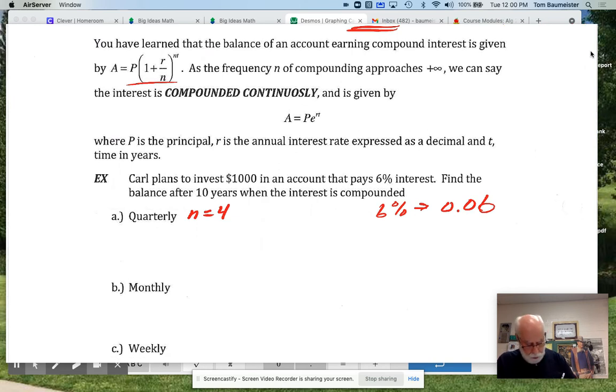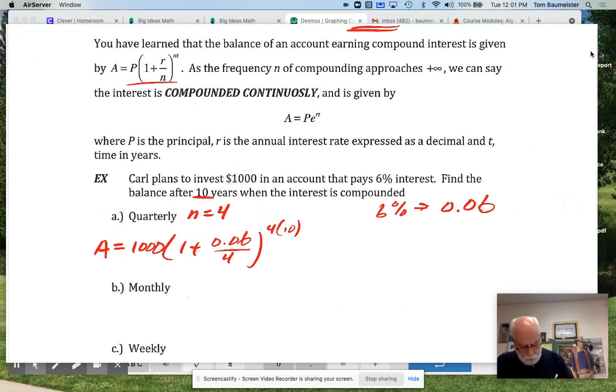So we're going to say A is equal to 1,000 times (1 plus 0.06 divided by 4) raised to 4 times, what is it? 4 times how many years? 10 years.